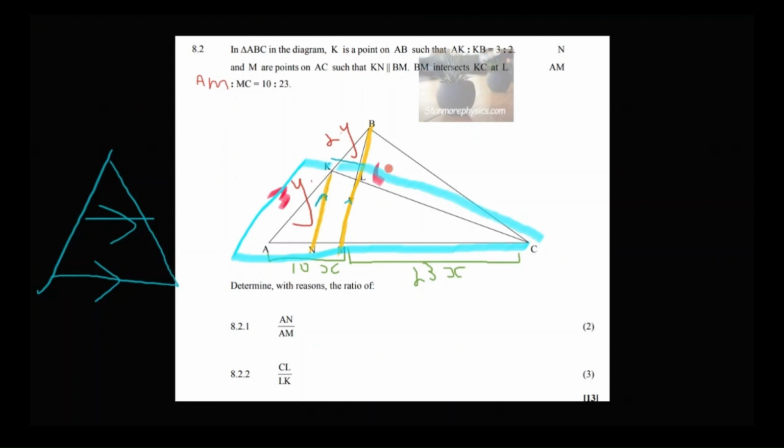So let's look at KL. KL and LC make up one side of the triangle. KL is in proportion to NM. And we also have LC. LC is in proportion to MC. Sorry, that's an N, guys. N, that's an M. Okay, so now what do we do? What we want to go back and do is label it.